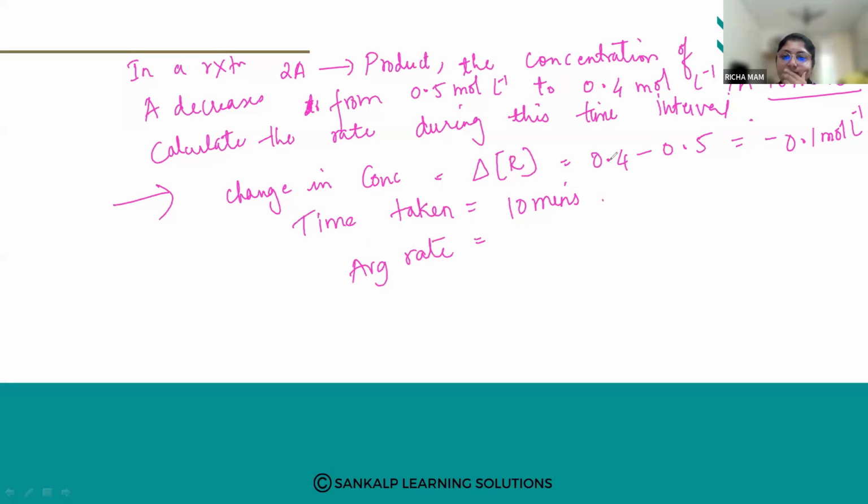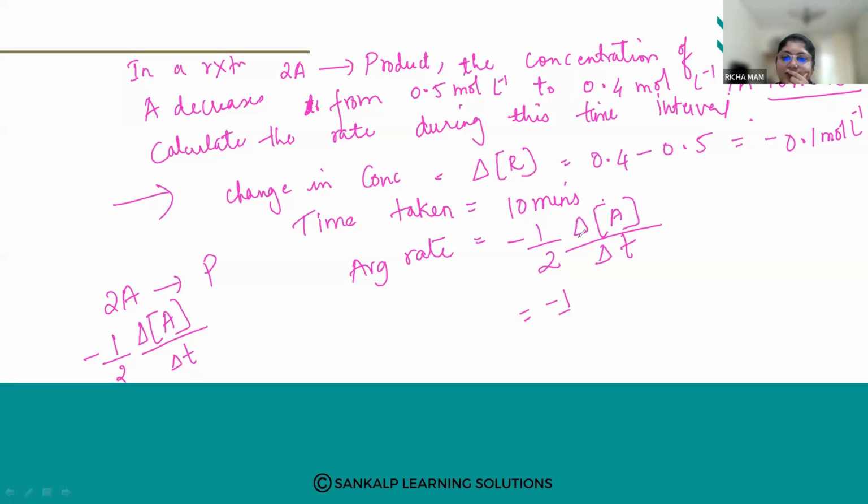So how to calculate the average rate? The reaction is 2A giving you product, so the average rate is 1 by 2 times the change in concentration of A with respect to time. It will be minus half delta A by delta t. So minus half, change in concentration is minus 0.1, upon time taken, 10. Calculate how much it is.